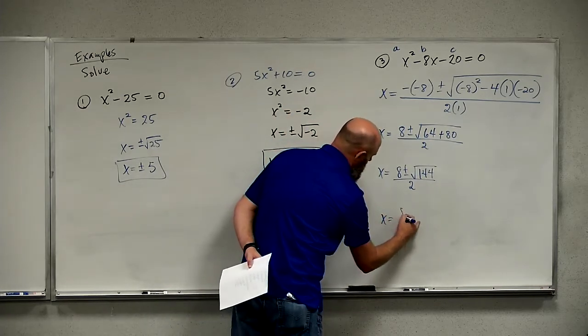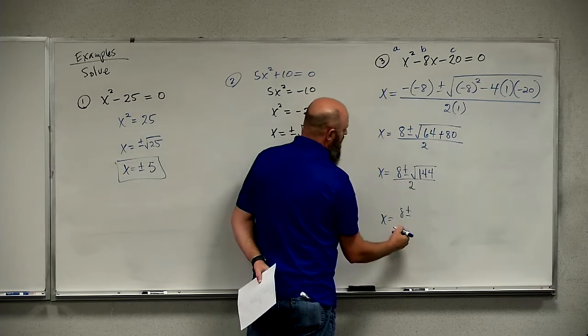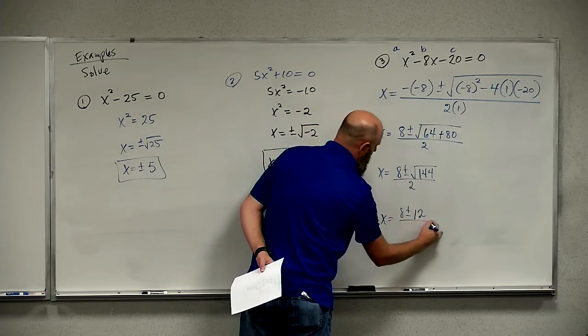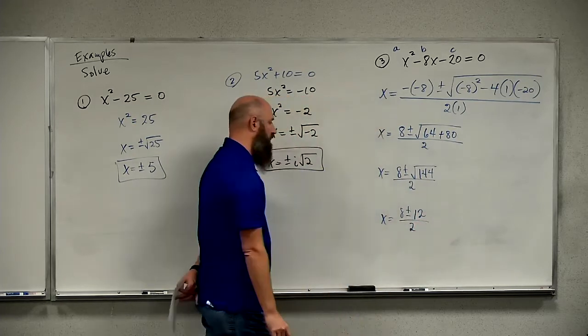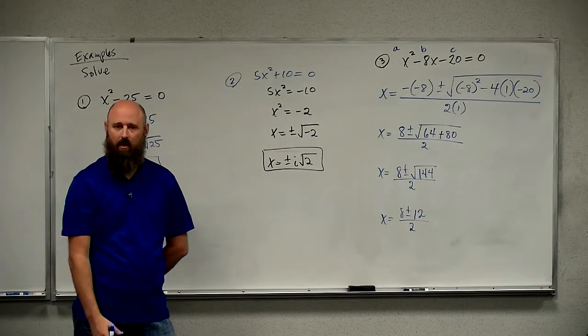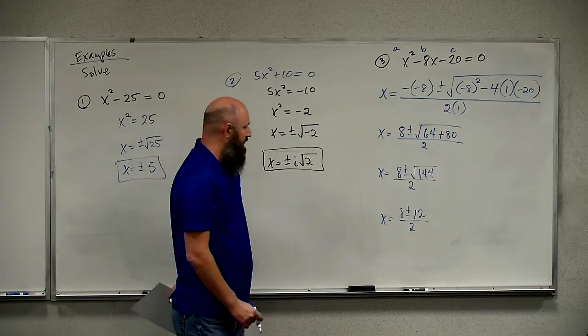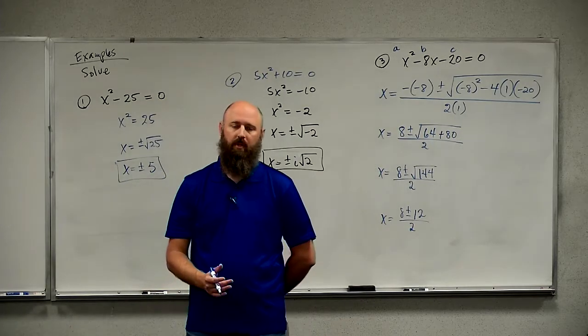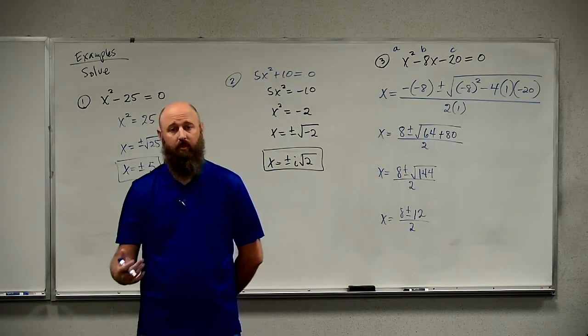And then x equals 8 plus or minus, well, the square root of 144 is 12. We can actually do that one on those. So always make sure, can I take that square root? If not, can I break it down for those?